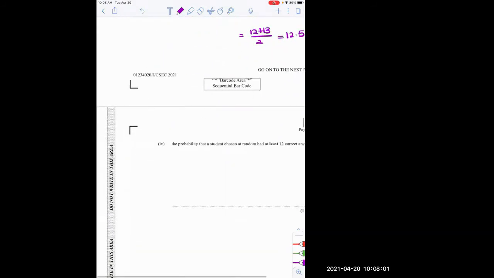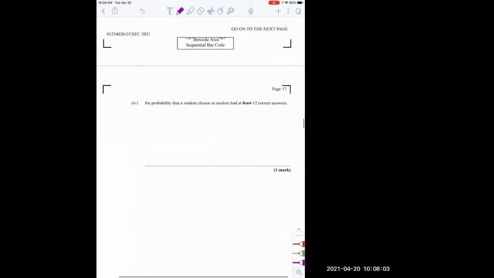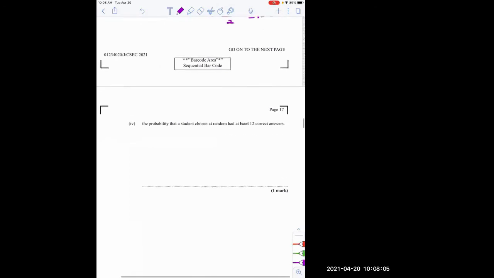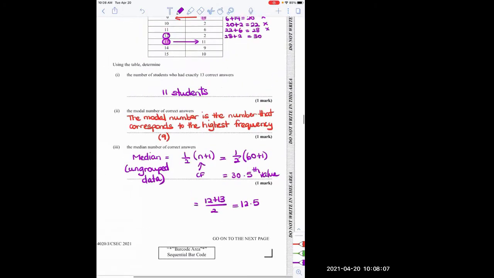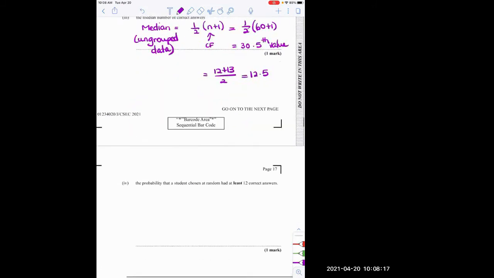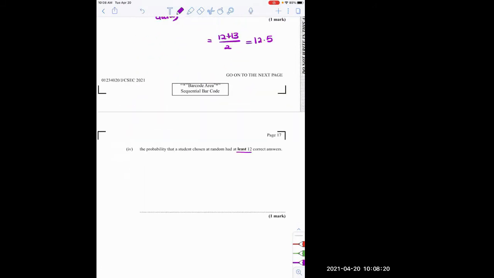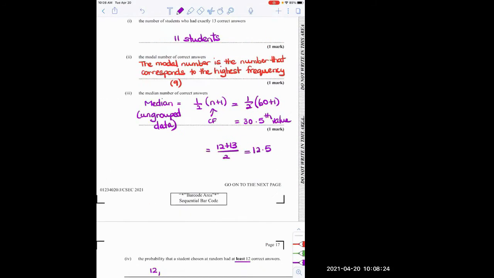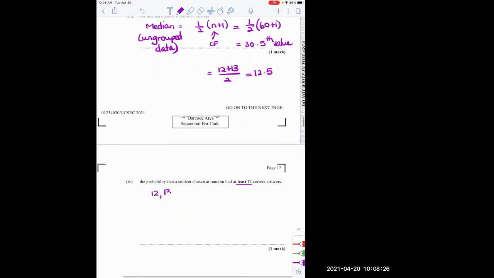All right, let's move on. The probability that a student chosen at random had at least 12 correct answers. The words at least mean that he could have 12 correct answers, he could have 13, he could have 14, or he could have 15.